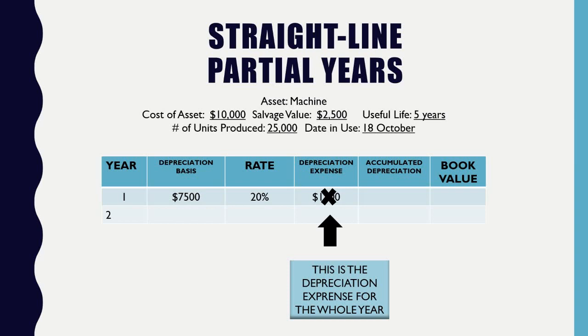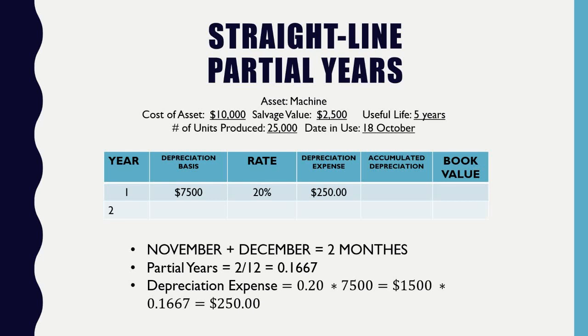Okay. So if we take our 1,500, we multiply it by 2 and divide it by 12, you're going to get $250 even. Okay. And that's what you have to depreciate for the first year. Now, of course, that's assuming that the adjustment is happening at December 31st of every year.